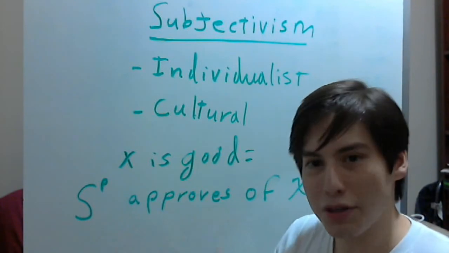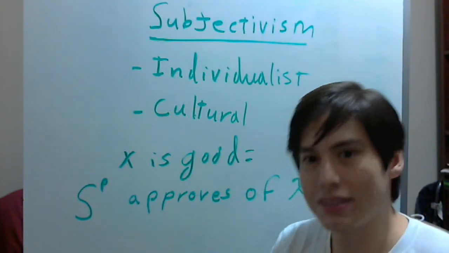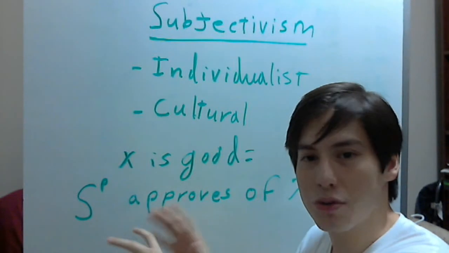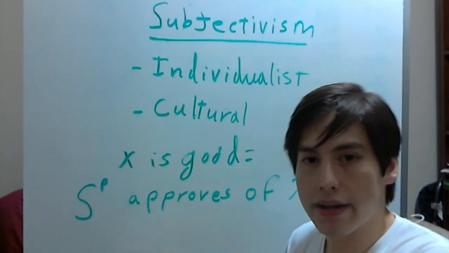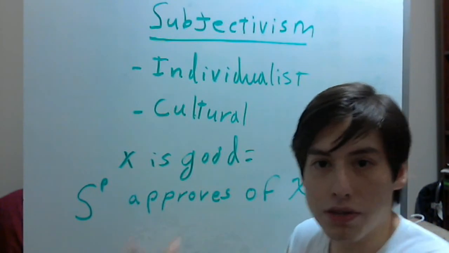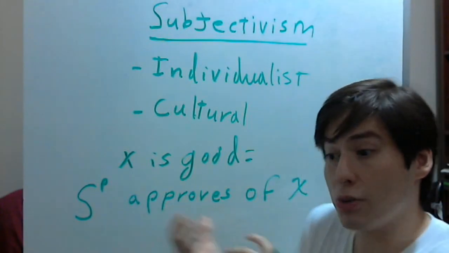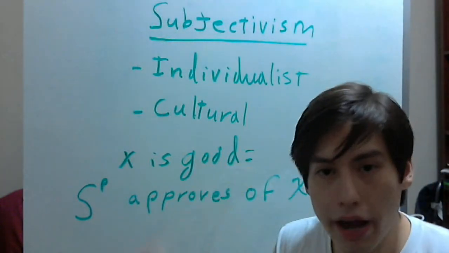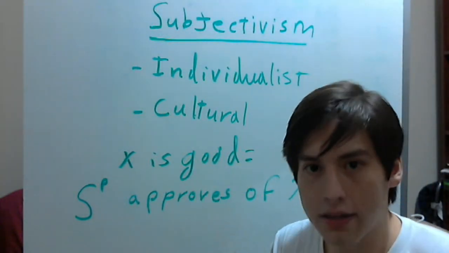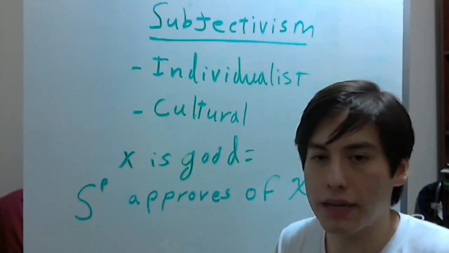And this commits what you might understand as the naturalistic fallacy. Just because something is evolutionarily beneficial, just because something is helping with survival, just because something makes you happier, doesn't necessarily mean that it's good, or that it's a good idea to follow it, or that you should do it, even rationally speaking, not just morally speaking, but rationally speaking.